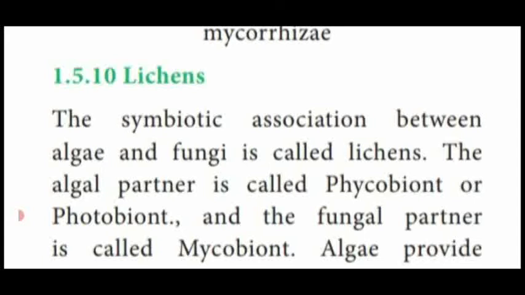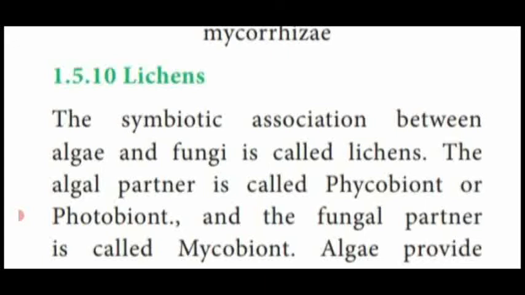So the association between algae and fungi is known as lichen. This is an important 2-mark question. Define lichen. The symbiotic association between algae and fungi is known as lichen.